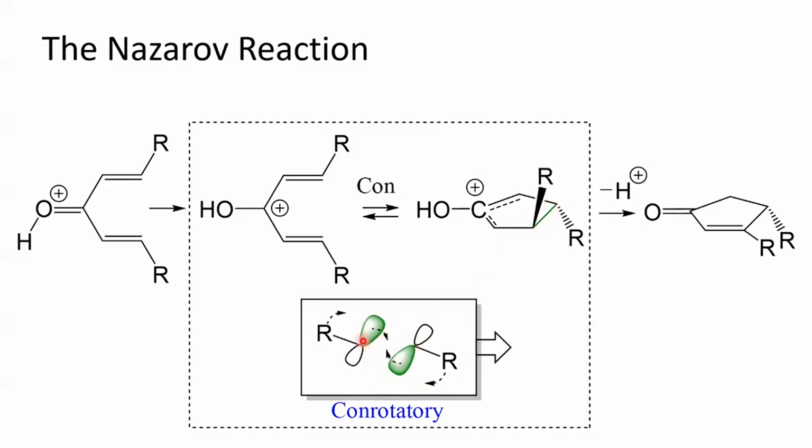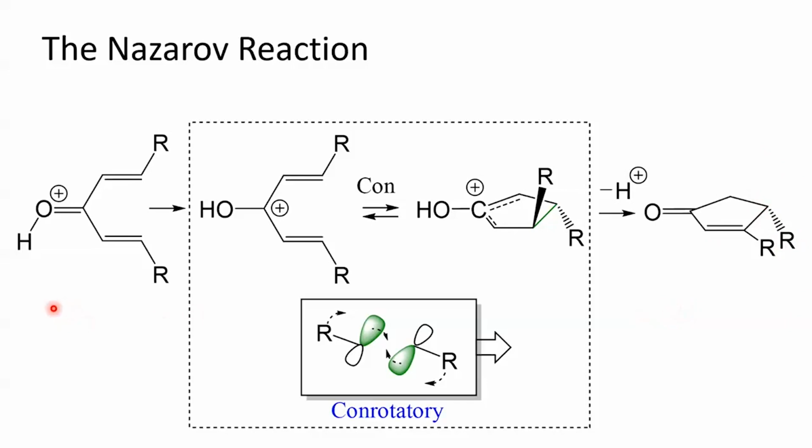Now, because we're rotating these carbons both in a clockwise fashion, this R group is going to move upwards, this R group is going to move downwards, and that gives this stereochemical arrangement shown here in the product. When the proton departs, the electron density can move back, reforming this ketone with an adjacent double bond. You'll note that the stereochemistry is locked in for one of these R groups when the reaction has concluded.